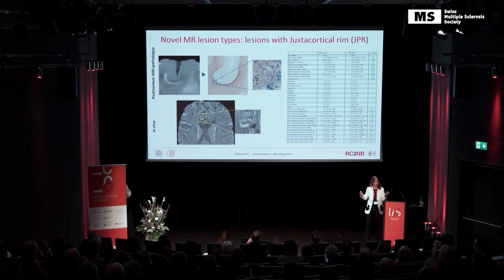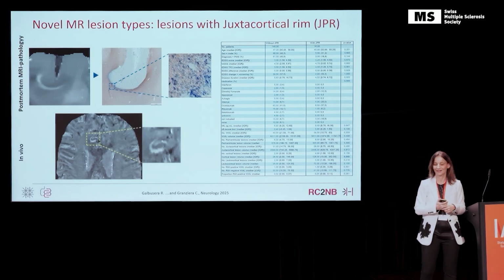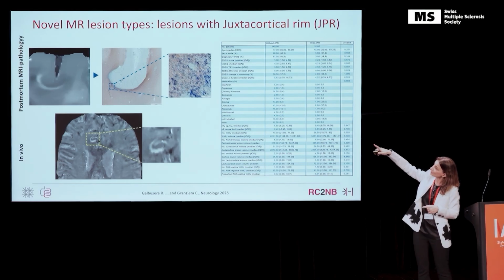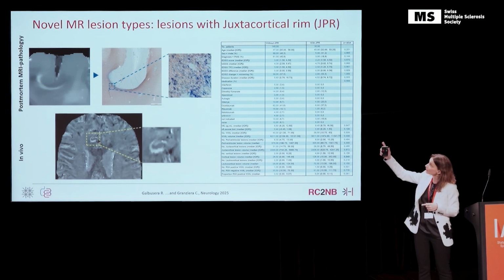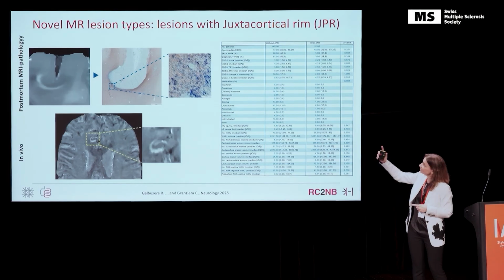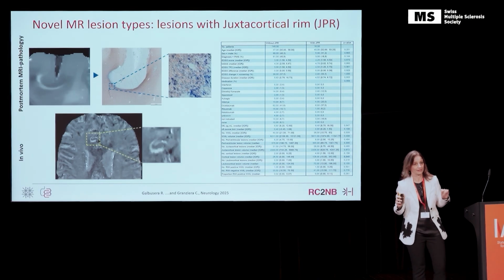And more, there are not only PRLs, there are other iron-enriched lesions and areas. This is something that was discovered post-mortem by Riccardo Galbusera, who has now finished his PhD. He observed that some lesions have this half a moon of hyperintensity, which corresponds again to activated microglia and macrophages. And interestingly, they are always below an area of the cortex which is completely demyelinated.